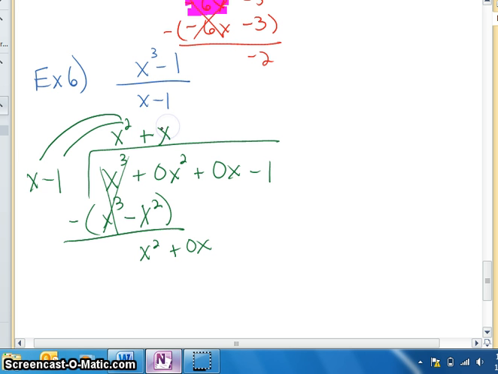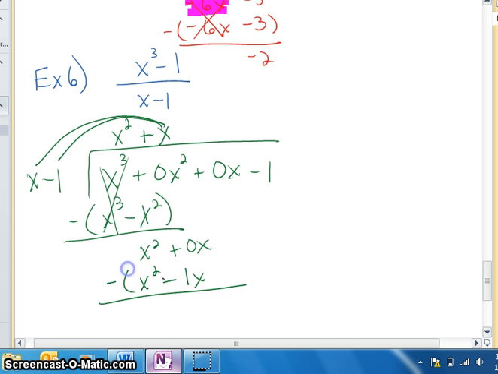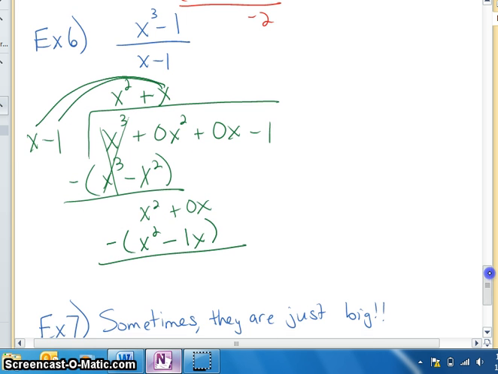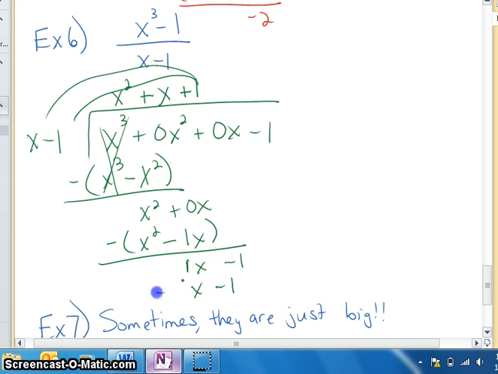So I have to multiply by x to get x squared. Minus 1x. Subtract these. So now I have 1x minus 1, which is just a positive 1. Because when I multiply 1 times x, I get x. 1 times negative 1, I get negative 1. When I subtract these two things, I have a remainder of 0. So that's it.